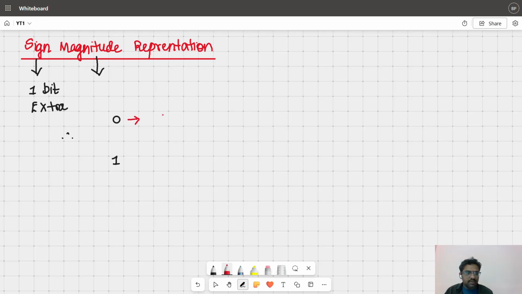For a positive number we consider the sign bit as 0, and for a negative number we consider the sign bit as 1.